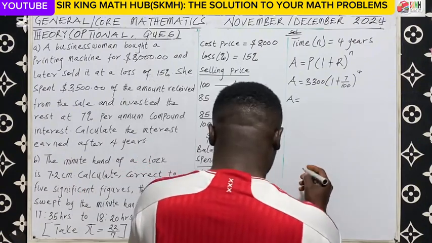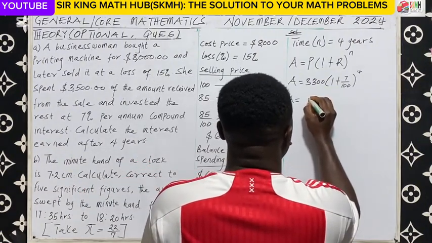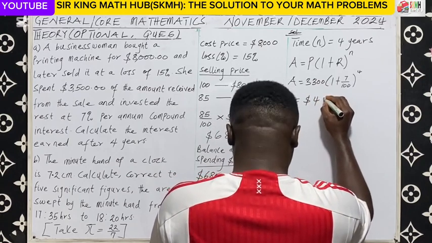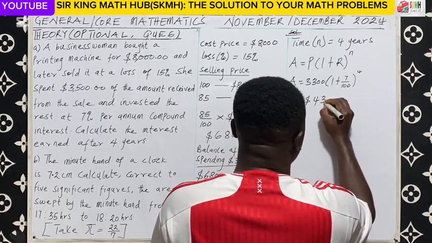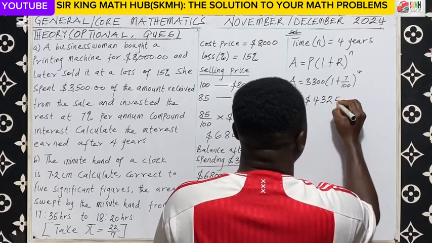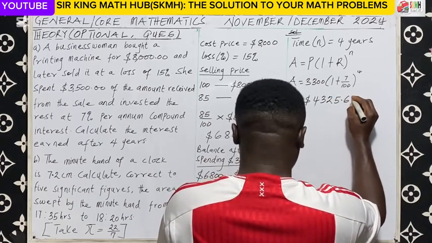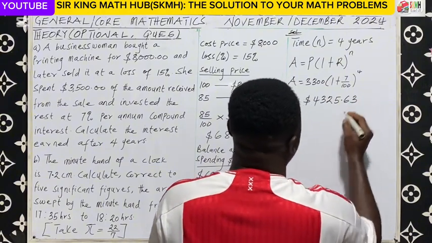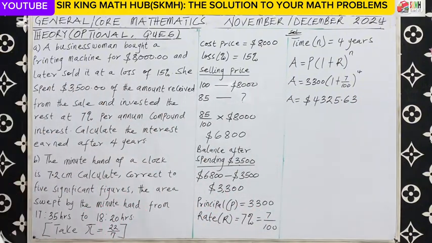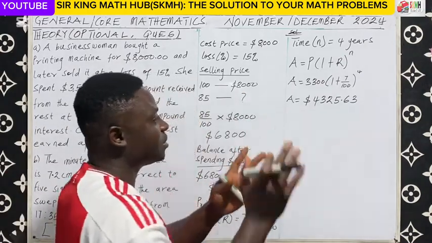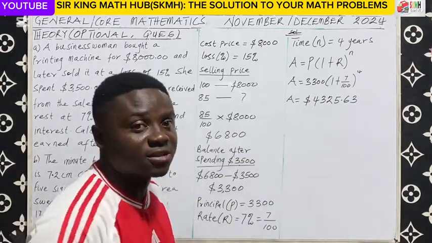So we have the amount to be $4,325.63. So this is the total amount she will earn after 4 years.